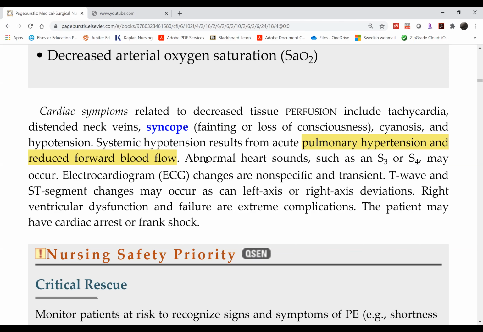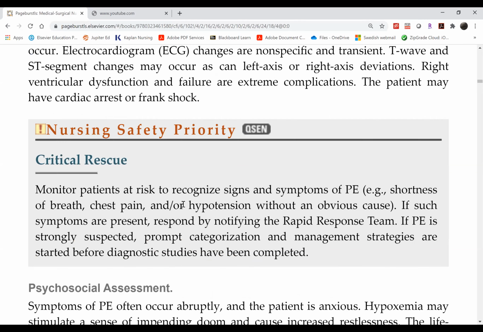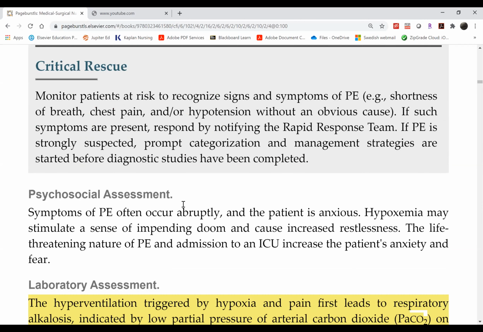Now that means only circulation from the other lung will return to the left side. So let's say that's only half. So therefore you only have half of the blood that is supposed to enter the left side, and so you only have half the cardiac output coming out of the aorta. So that will result in hypotension.